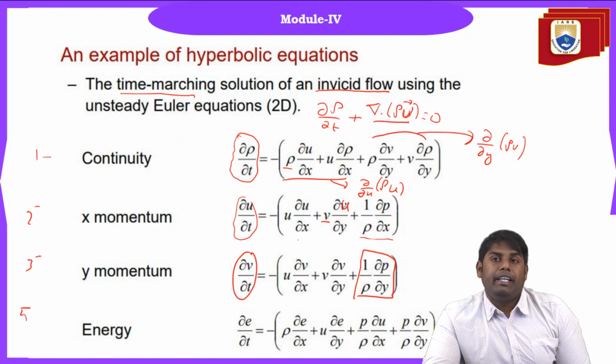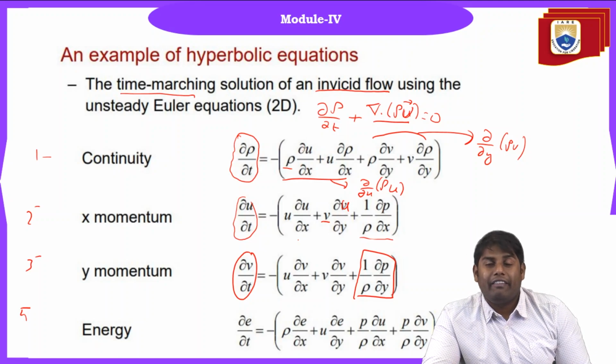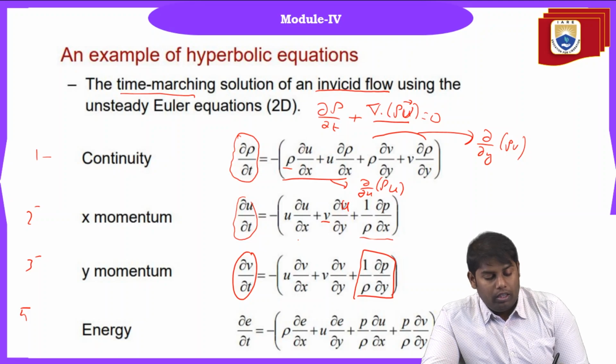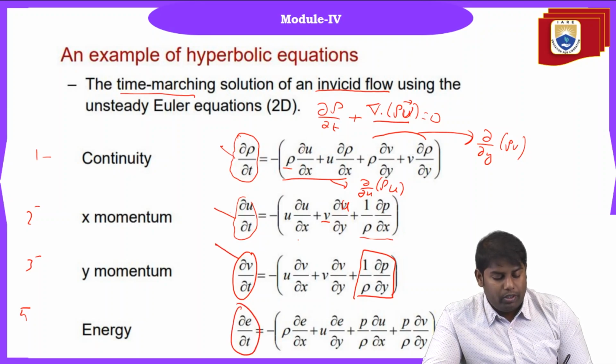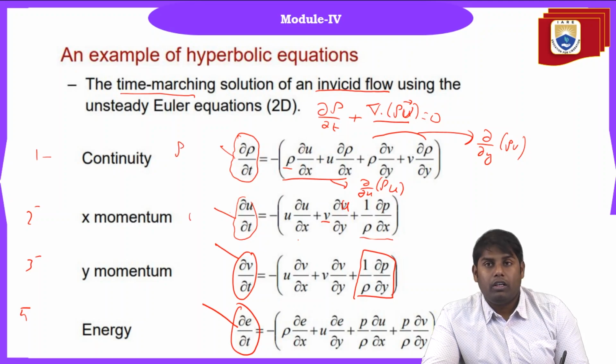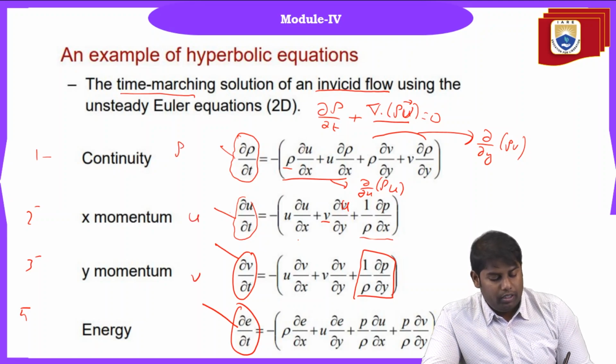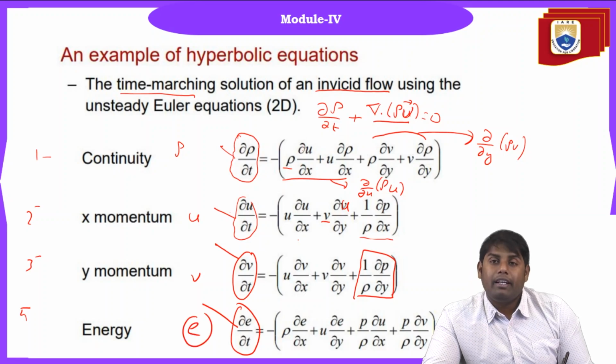Now from these equations, what we can observe in all these 4 equations is the time derivative term with respect to ρ, with respect to u, with respect to v, and with respect to internal energy. So the variables are ρ, u, v, and e. e is nothing but internal energy.